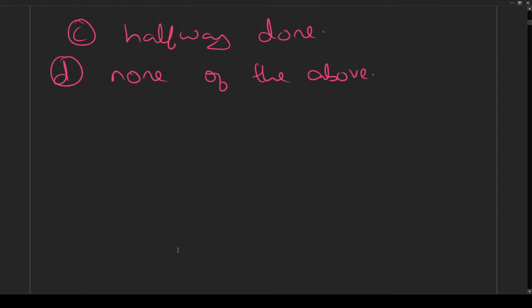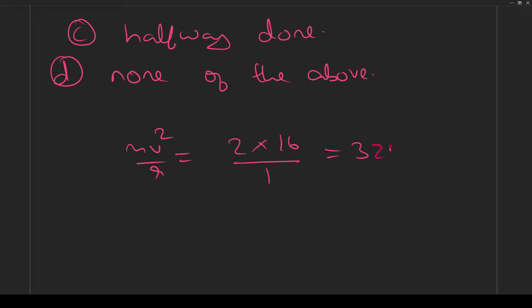Now let's calculate the centripetal force mv square by r, which is equal to 2 is the mass, 4 is the velocity, 4 square that is 16, by radius 1 meter, so 32 Newton is the centripetal force.